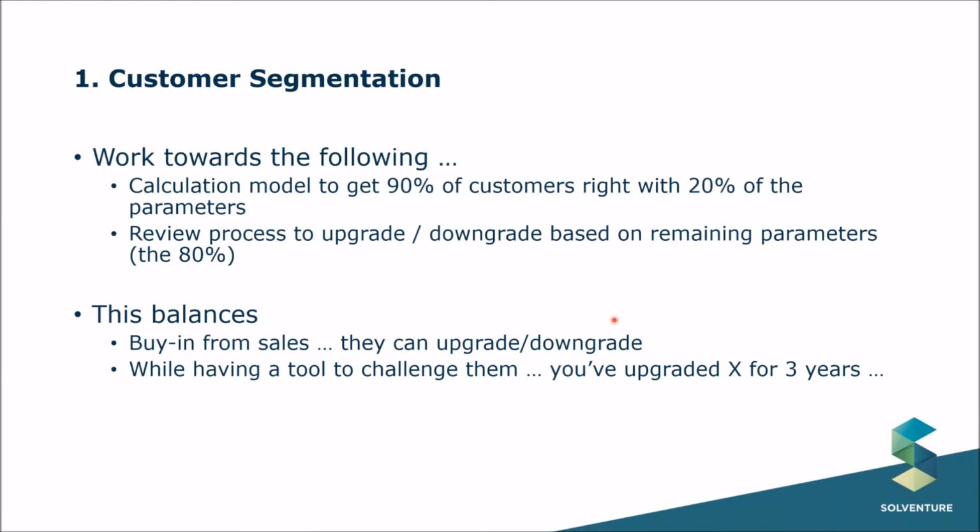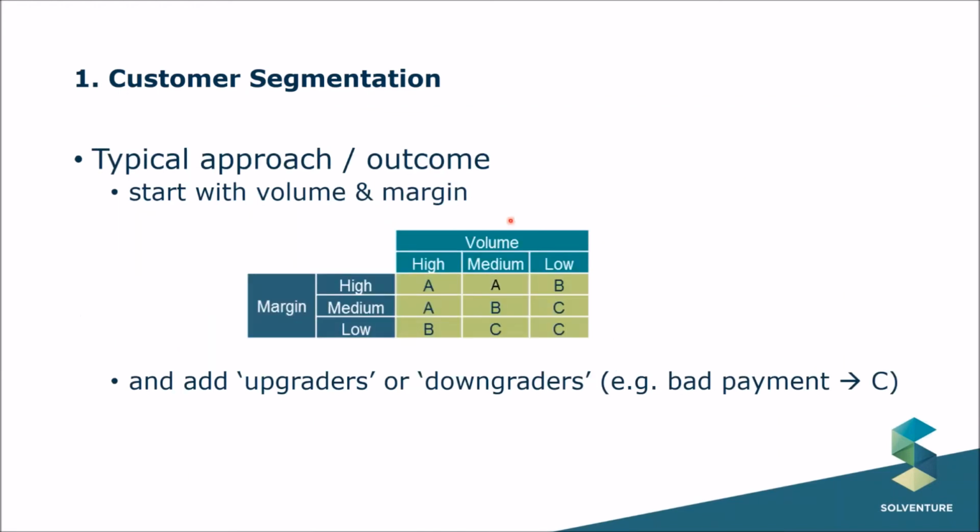And customer segmentation, so how do we segment it? Basically, we do it on two different axes. So here you have one axis being the volume and the other axis being the margin. The volume, you rank it per level. So here, high volume, medium volume, low volume, and the same for margin.